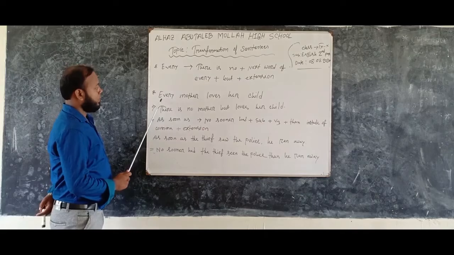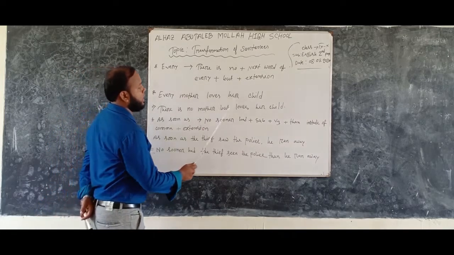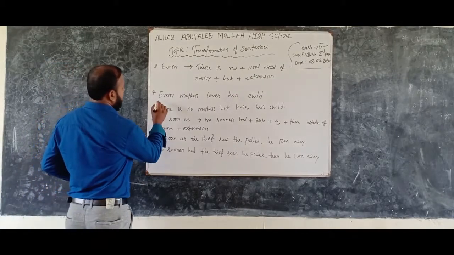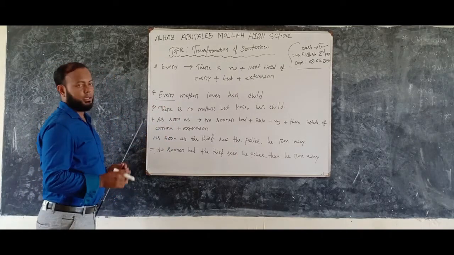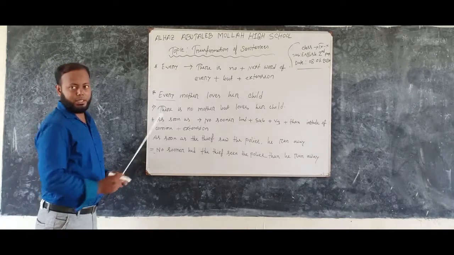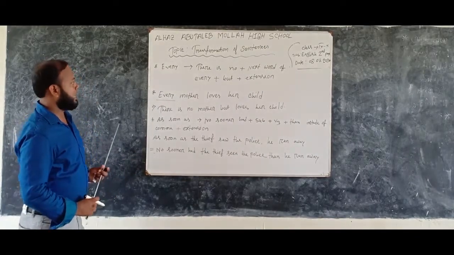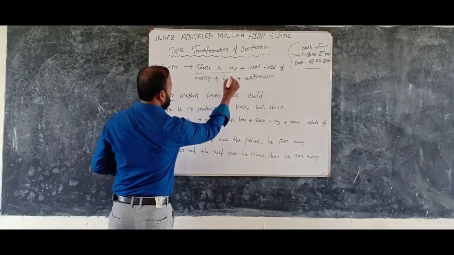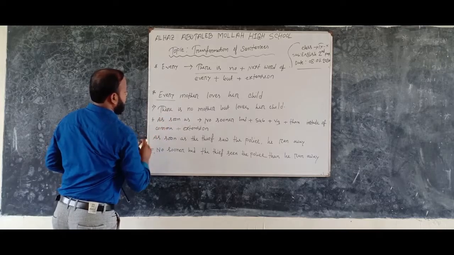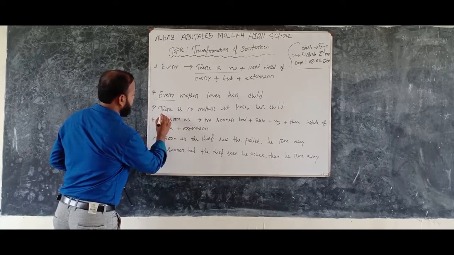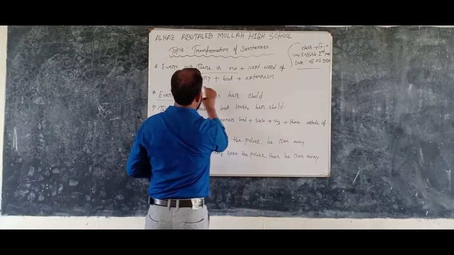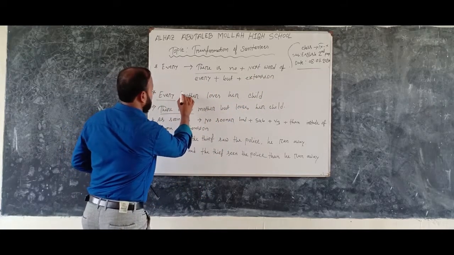For example, every mother loves her child. Here we see that every is present. So it is an affirmative sentence. To change into negative, we have to use there is no. So instead of every, we write there is no. The next word of every is mother.